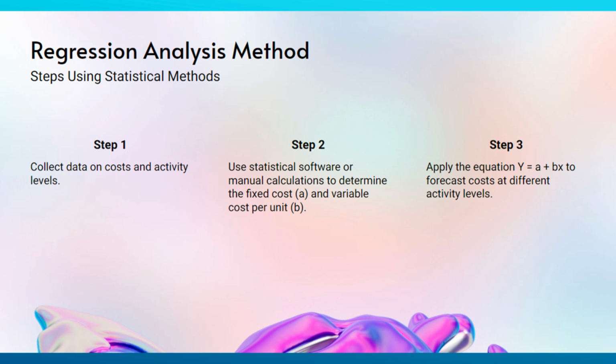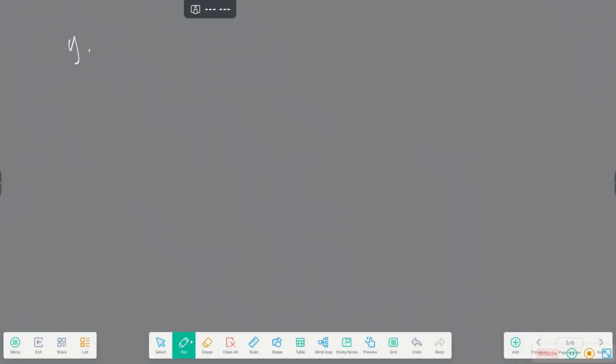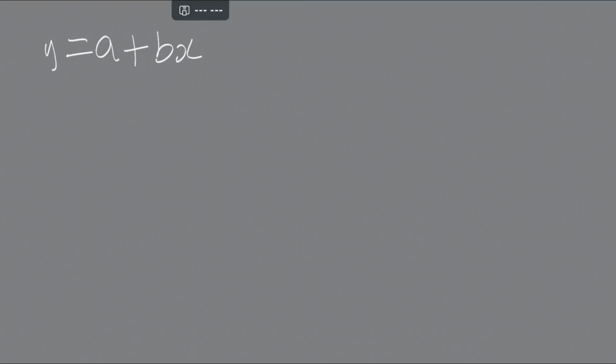Okay, we are using the equation y = a + bx, right? So we have to find the variable a and the variable b to get y. It's quite different from the one that we are used to.